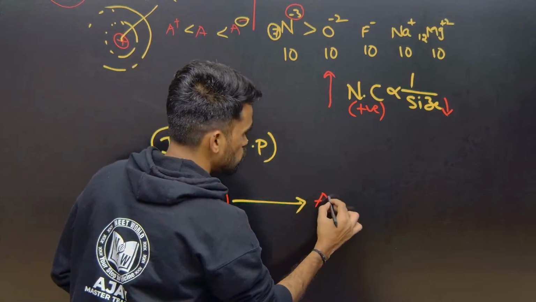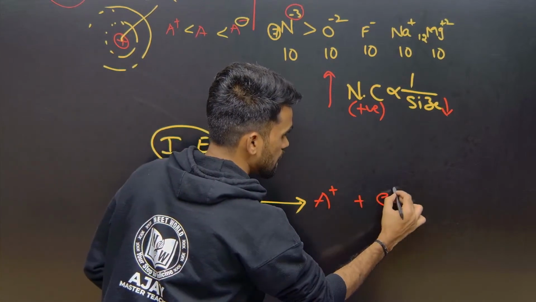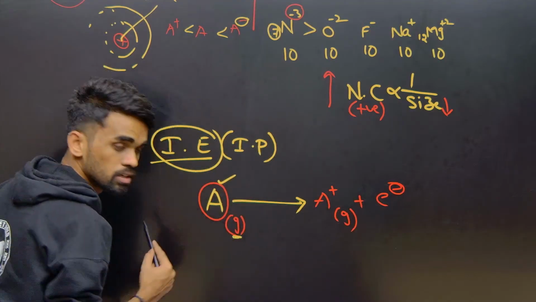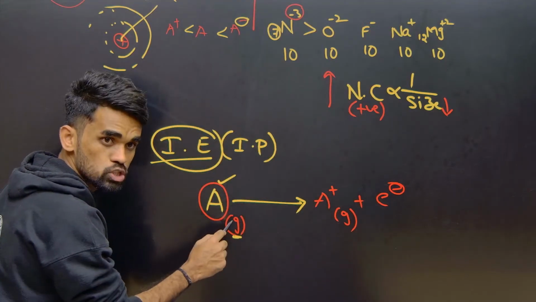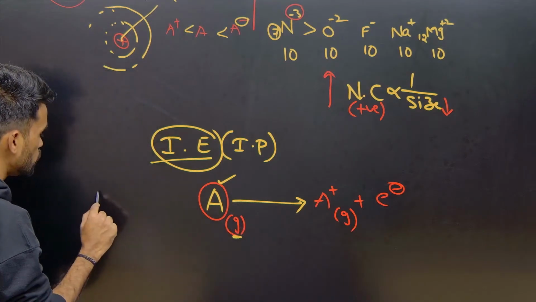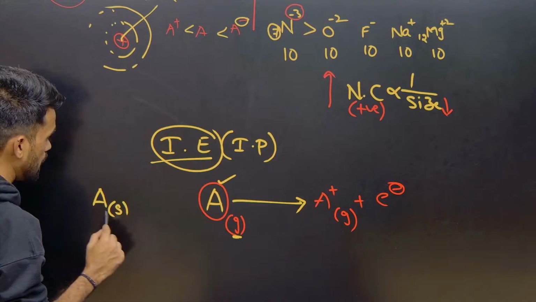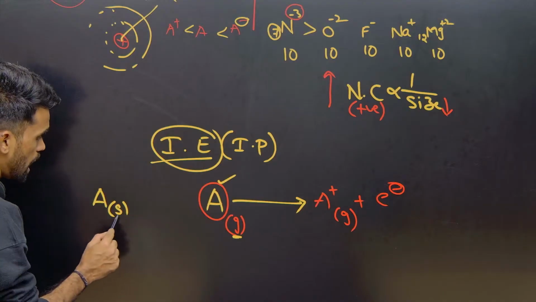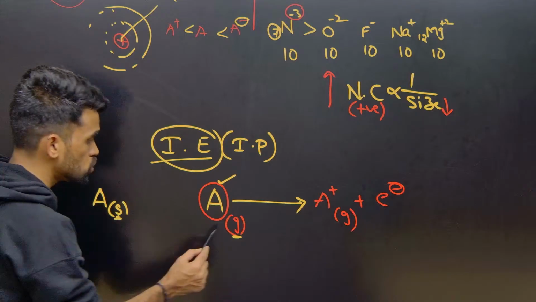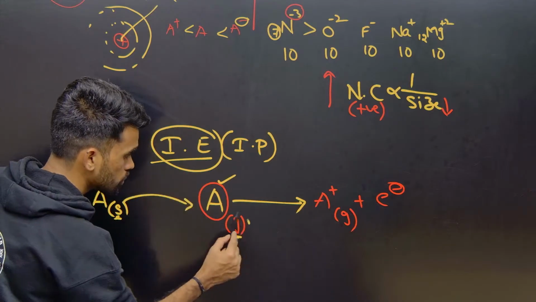So I should write A going to A plus, with the electron removed. So the atom should be in what state? It should be gaseous, isolated and neutral. If I remove an electron from element A having atom A in solid form, can I call it ionization energy? No, we should definitely make it into gaseous state.